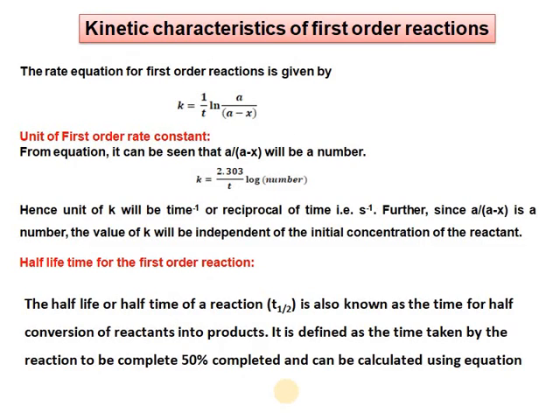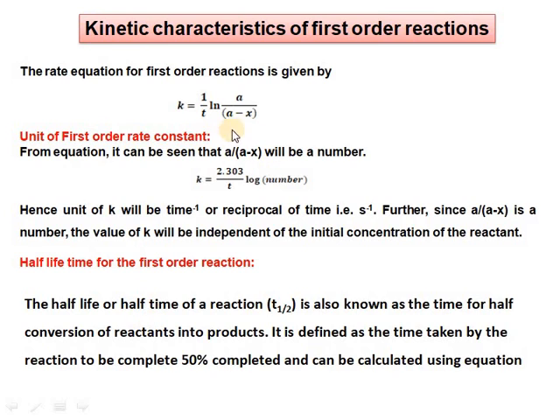Now we are going to the kinetic characteristics of first order reactions. You know that the first order rate equation is k equal to 1 upon t ln a upon (a minus x). The first property is the unit of a first order reaction. From this equation we can calculate the unit.